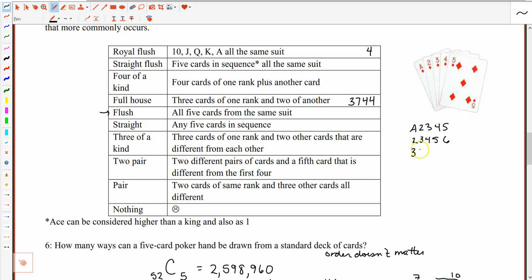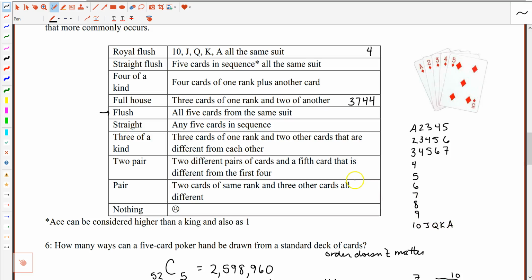It could start at 3 and go through 7. Okay, so we can keep going through here. So it could start at 4, 5, 6, 7, 8, 9, or 10. And then if it started at 10, it would be the jack, queen, king, ace.